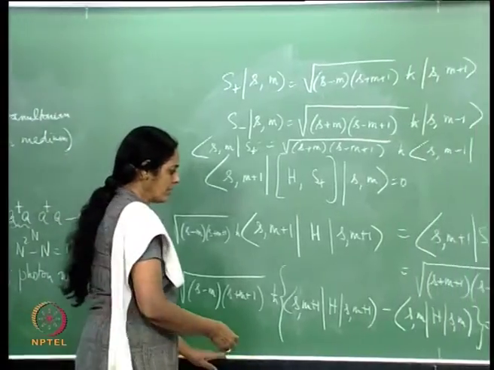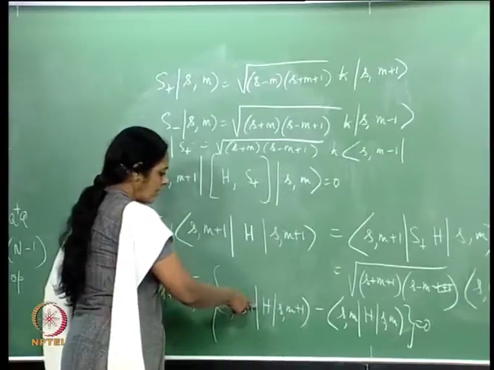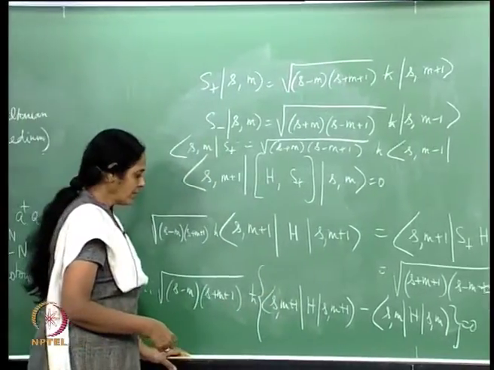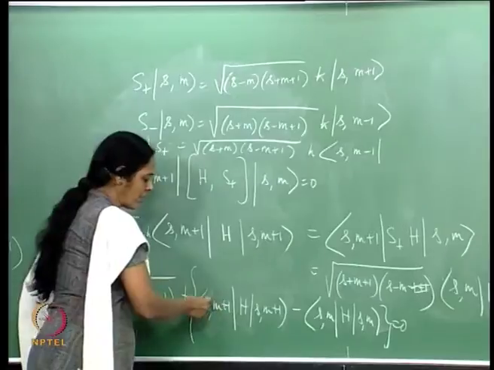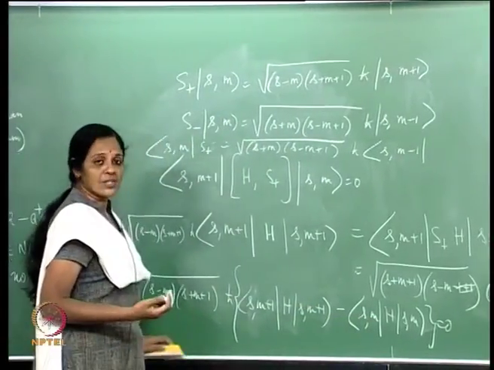So it tells me a very important property, that the expectation value of the Hamiltonian in the state |s, m+1⟩ is the same as the expectation value of the Hamiltonian in the state |s, m⟩.